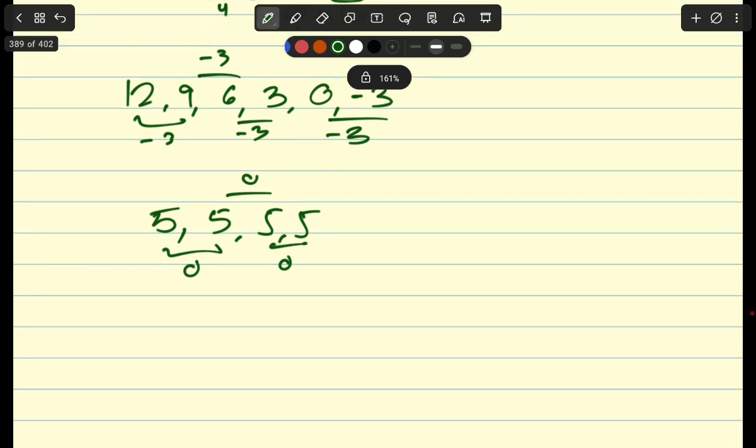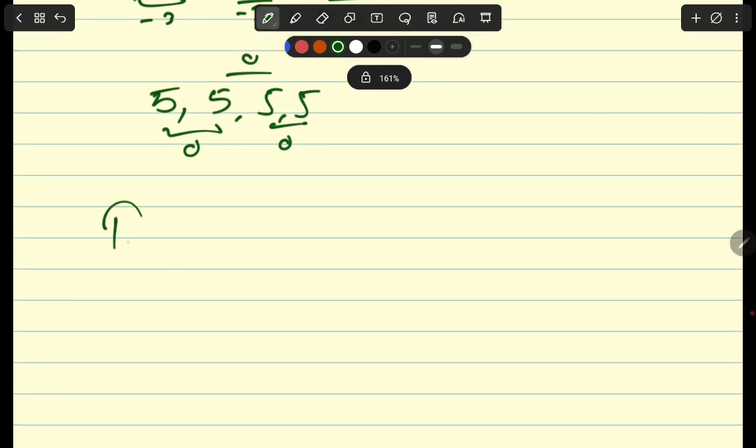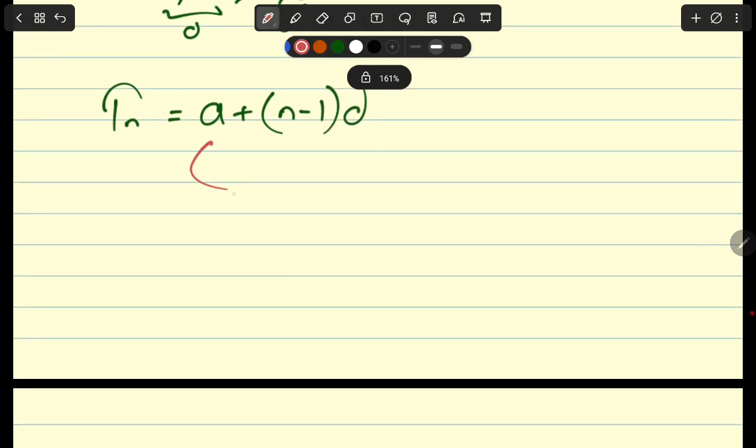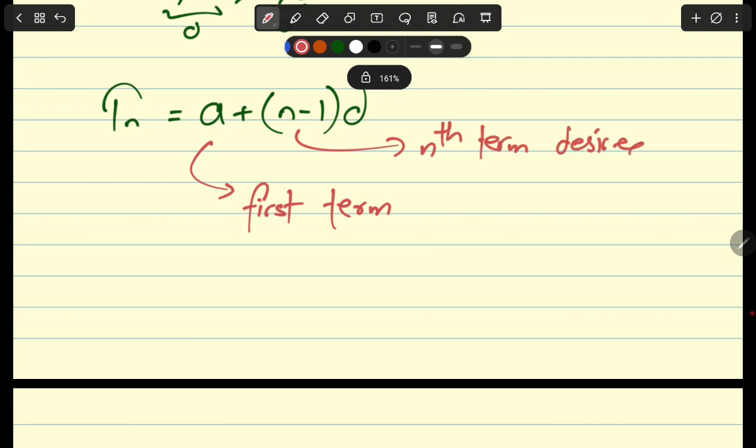Now, let's introduce a notation. The nth term can be expressed as a plus n minus 1 times d. How do I do it? First of all, write it down, and I will prove it in a bit. a is the first term, n is the index of the desired term in the sequence, and d is the common difference.